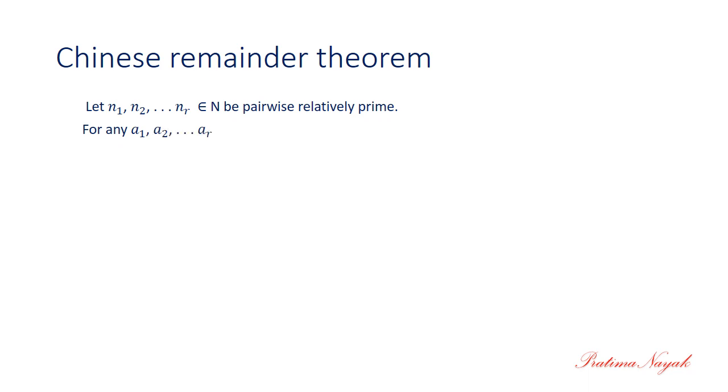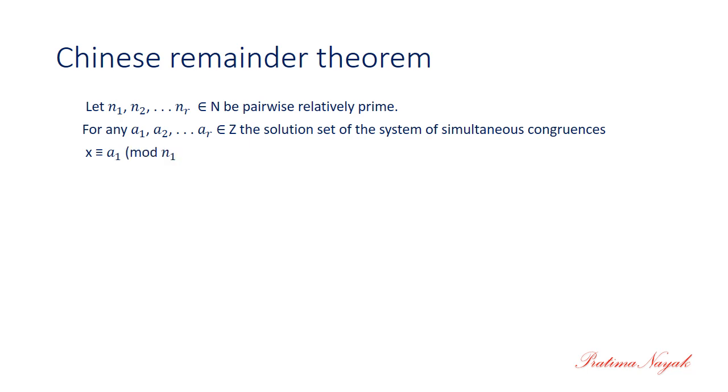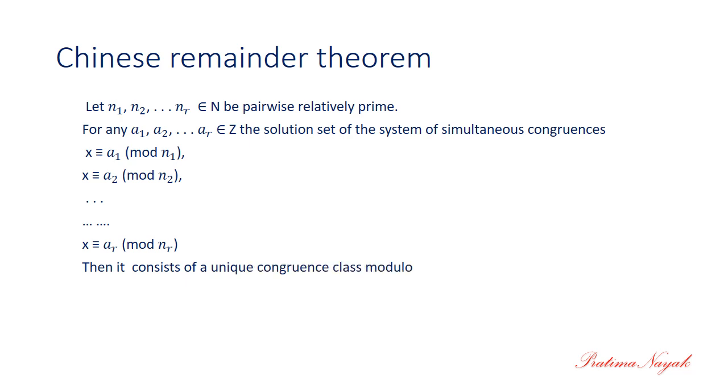For any a1, a2, a3 up to ar belonging to the integers, the solution set of the simultaneous congruences x is congruent to a1 modulo n1, x is congruent to a2 modulo n2, x is congruent to a3 modulo n3, and so on up to x is congruent to ar modulo nr, consists of a unique congruence class modulo n, where n is equal to n1 times n2 up to nr.